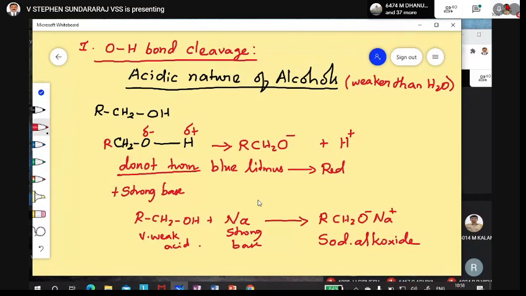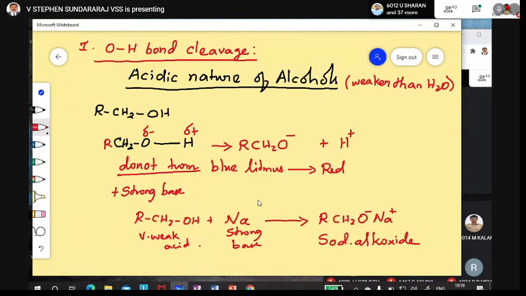If the base is stable by resonance, inductive effect or hyperconjugation, whatever it is, it will not have much attraction towards H plus. It is itself stable, so why attract H plus? Stable means weak base, and less stable means stronger base.